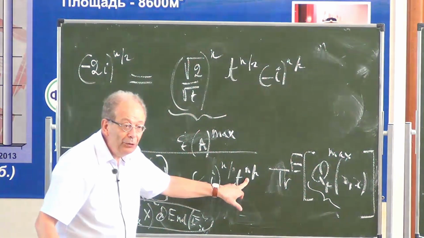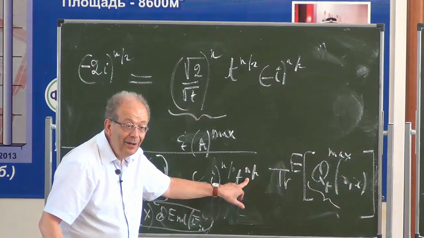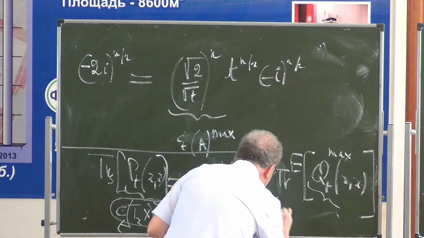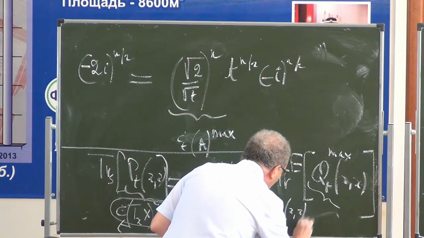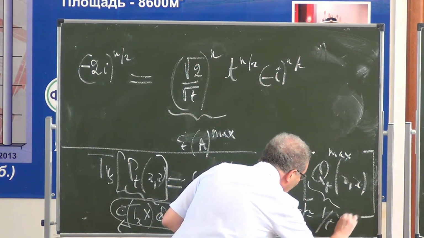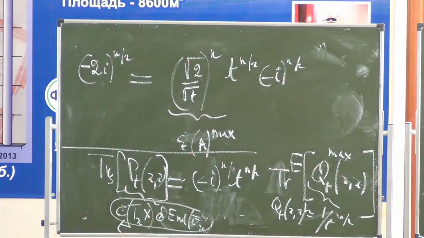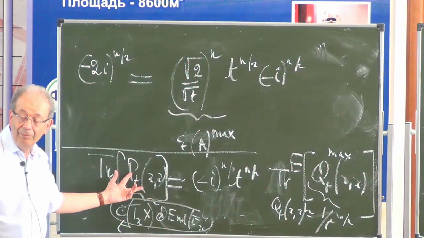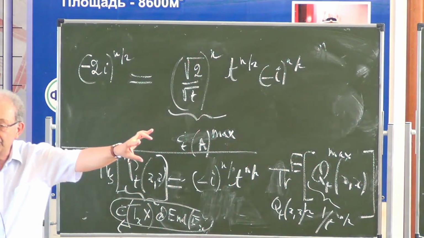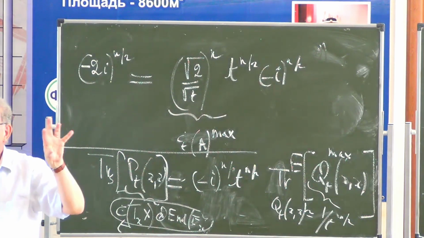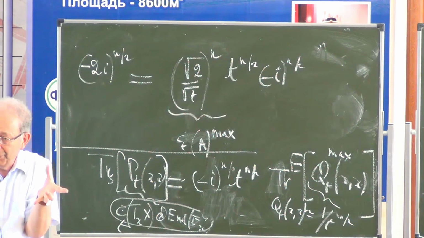So you have the t to the n over 2 here. But now again, by abstract arguments, we know that qt of x and x behaves like 1 over t to the n over 2. Sorry, what's qt? qt has been obtained from Pt by applying the Ct representation. Forget about E. Pt is a section of the Clifford algebra.